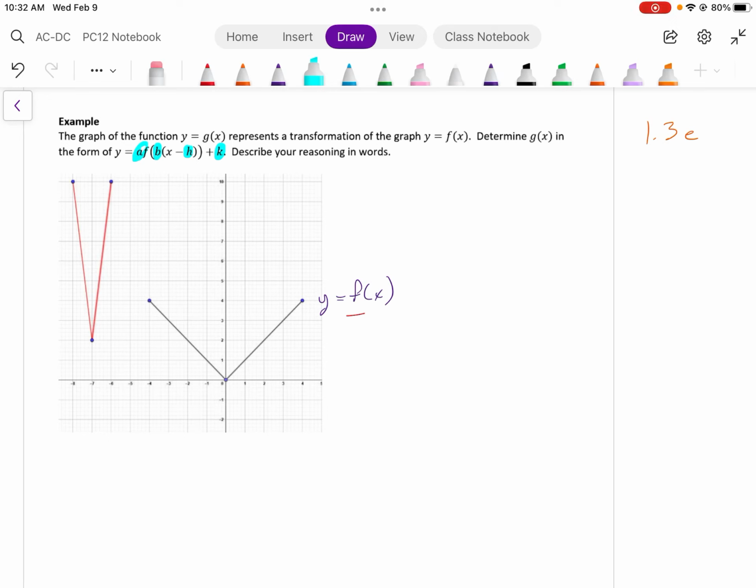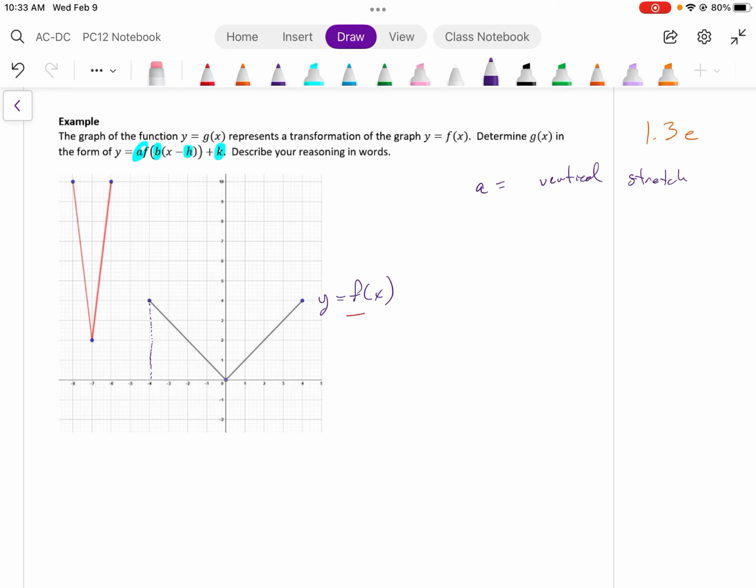So where do I start? I guess I would have to start with what is A. And A really controls the vertical stretch. Now, it gets weird, but let's just take a look at the verticalness. That's not a word, by the way.